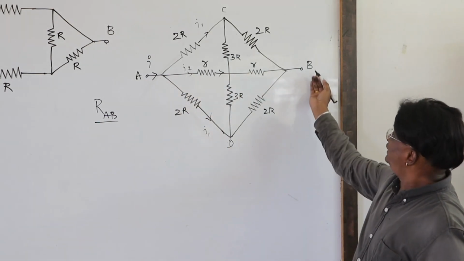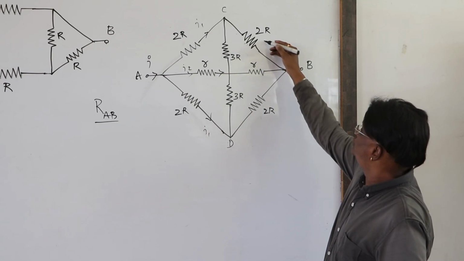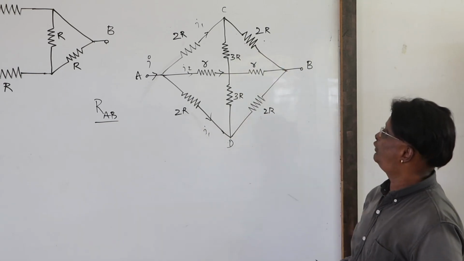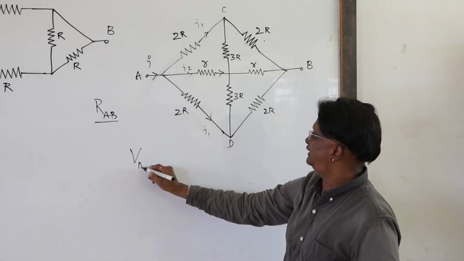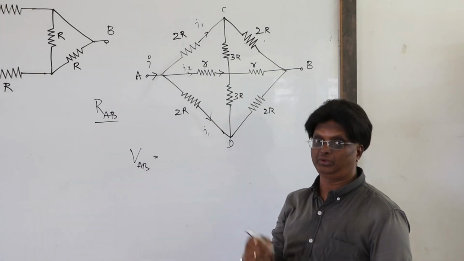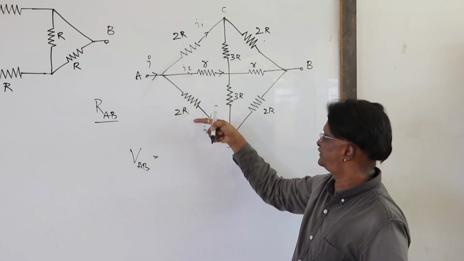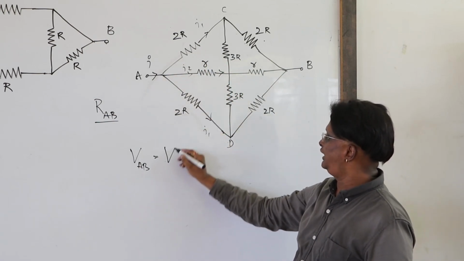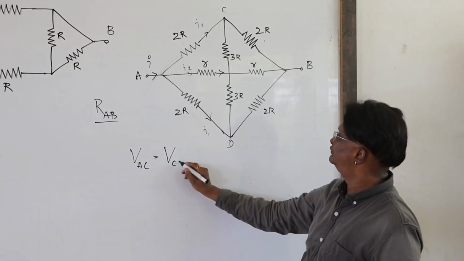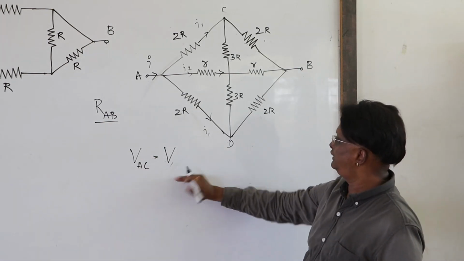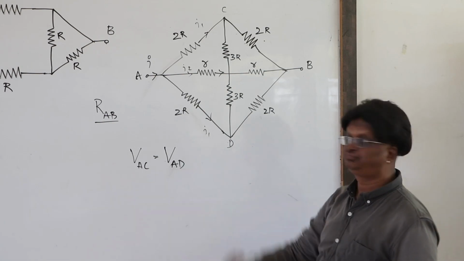So similarly, here also you will find the same 2R and 2R. Therefore, what is it that you observe? This AC, V across AC, use V is equal to IR, same current, same resistance. Here also VAC is equal to VAD.